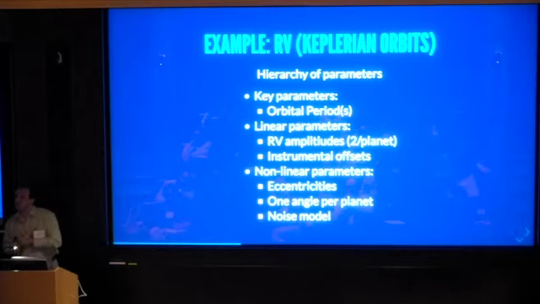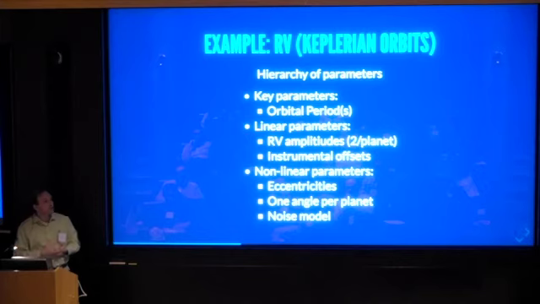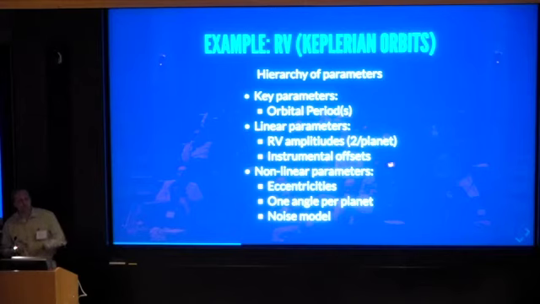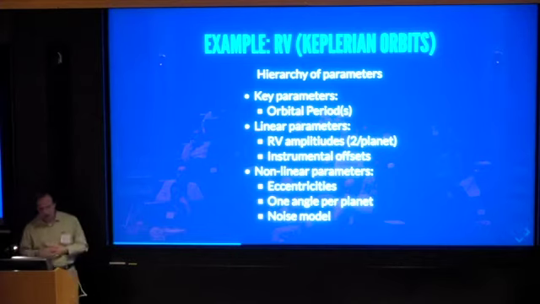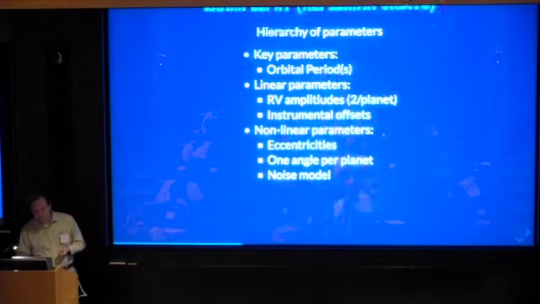Okay, so for some examples. In the context of radial velocities, our key parameter, the orbital period, the likelihood is ridiculously multimodal in that. We have no choice but to brute force explore all the periods we're interested in. In a relatively naive implementation, you can get 2 radial velocity amplitudes per planet where the likelihood is nearly linear, also the instrumental offsets, but your eccentricities and one of the angles per planet and any hyperparameters in your noise model would enter nonlinearly.